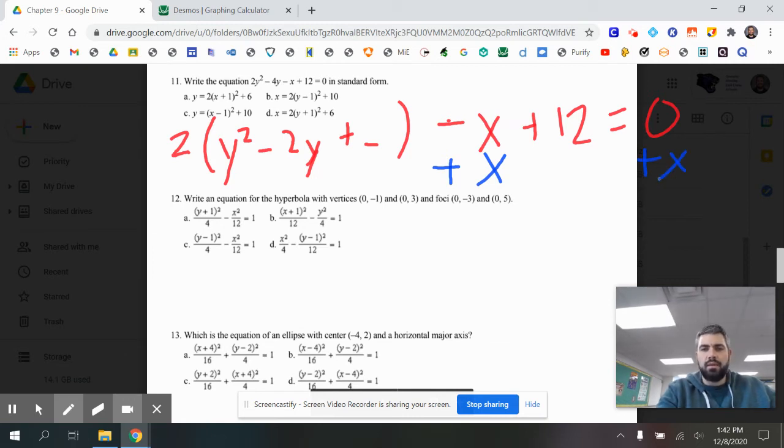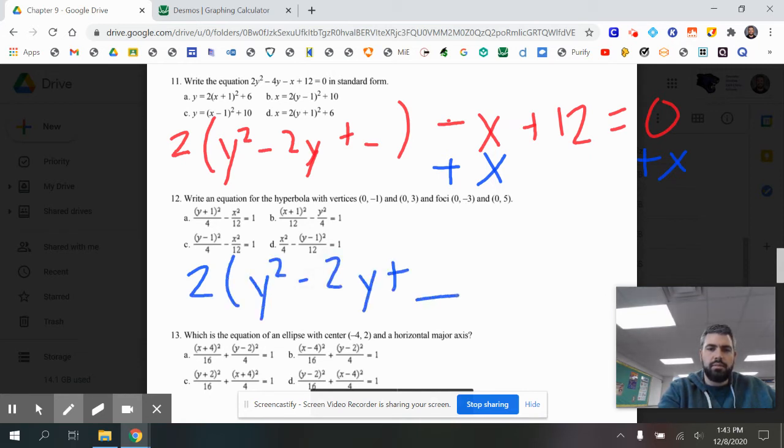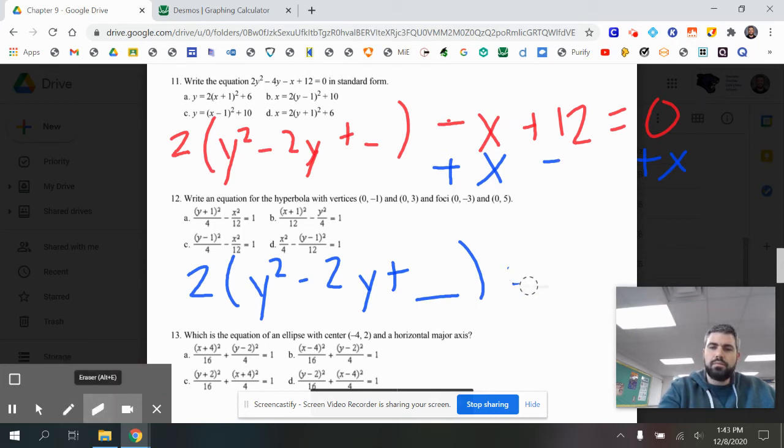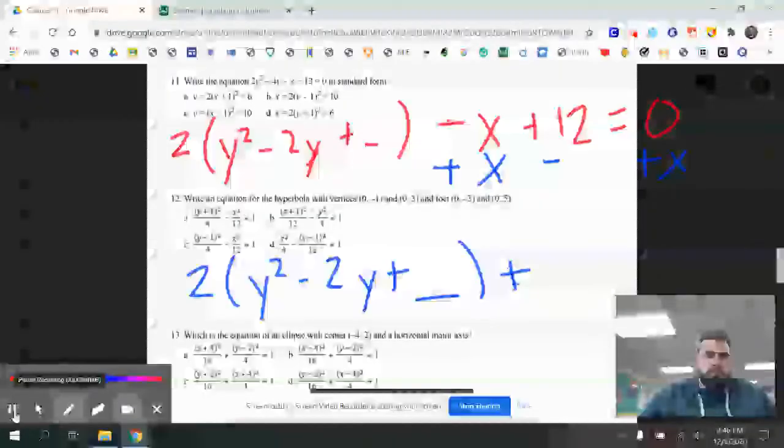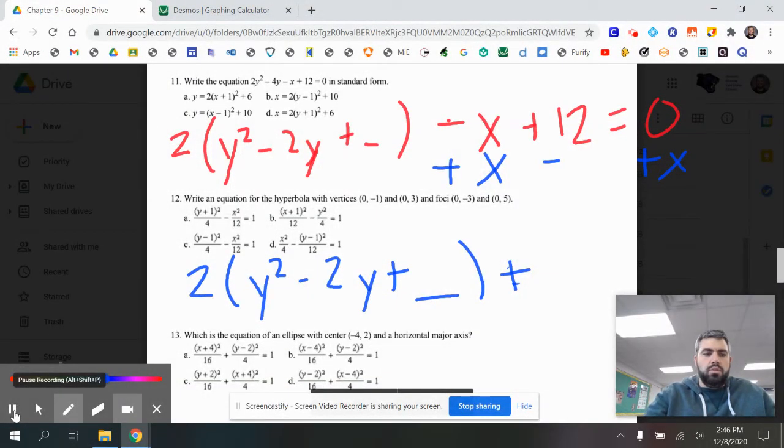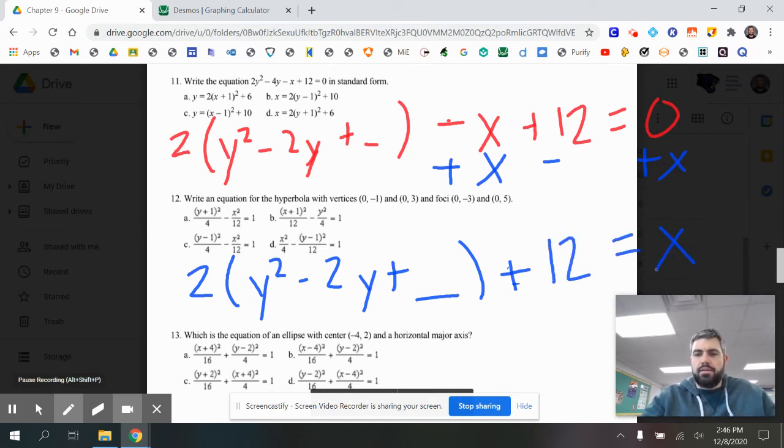And what I end up getting is 2 times y squared minus 2y plus something is equal to, and I'll keep 12 here, and then we're going to say minus 12. So we'll add 12 equals x.